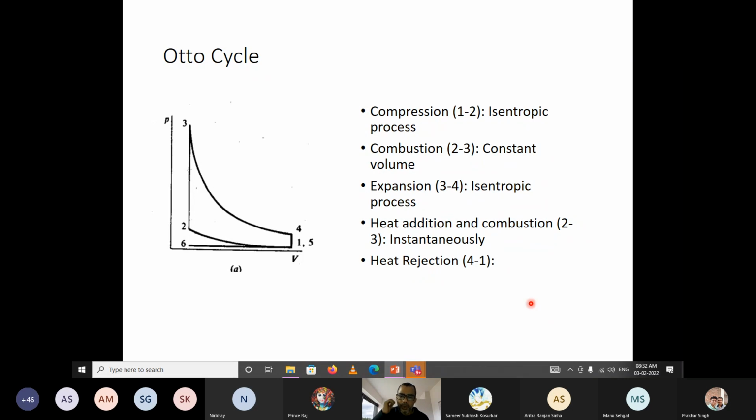Then when we do experiments and get the values of the same parameters, we can compare them with the ideal conditions and judge how far we are, and how we can reach that point or go closer to it. That is our aim in studying this ideal cycle.